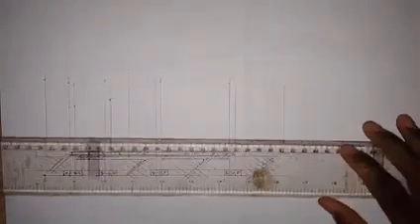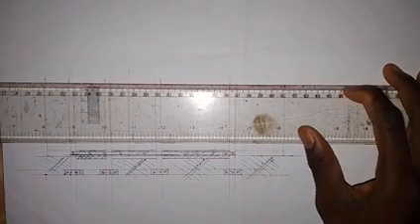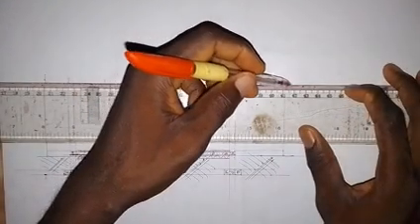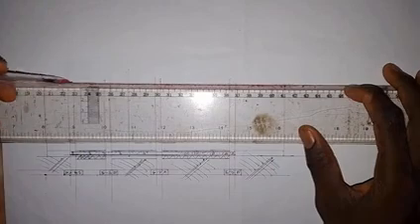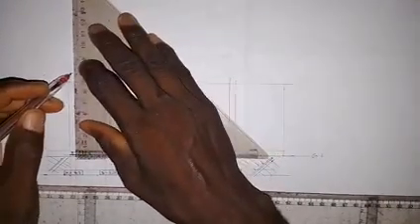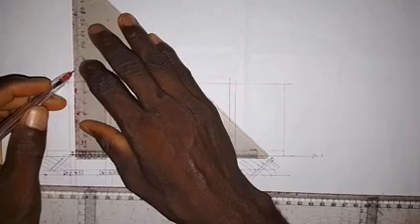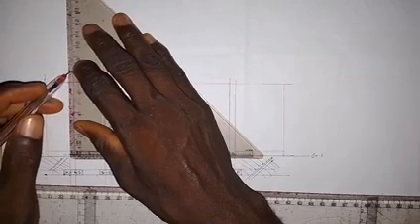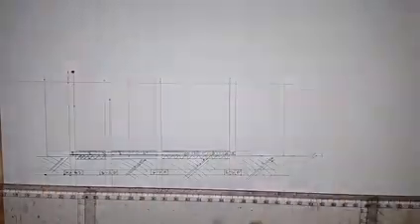Alright, so that's the state that I've measured. So I'm going to draw a horizontal line like this. Okay, with this horizontal line that I've drawn, the next thing that I'm going to do is to take the distance for the wall plate.